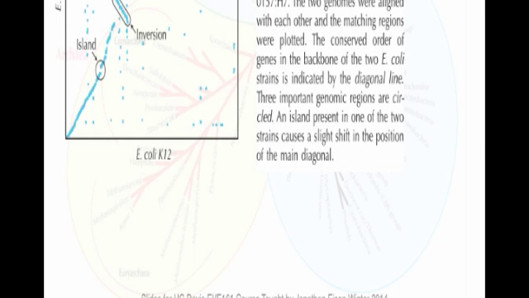But occasionally you get insertions of large stretches of DNA into one strain and not the other. So if we compared this to this, there would now be extra DNA in, say, K12 versus O157H7.